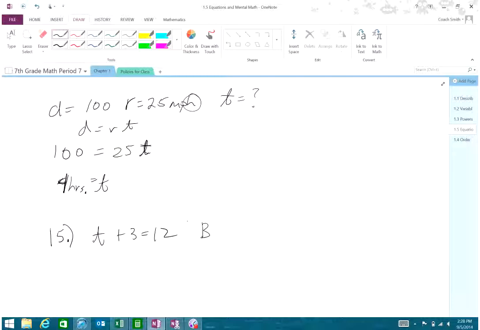Now we have to solve it. So what number do you add to 3 to get 12? Quade? 9. So T is equal to 9. Okay? T is equal to 9.